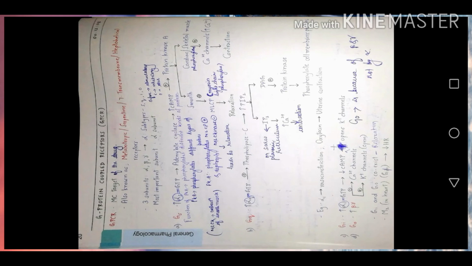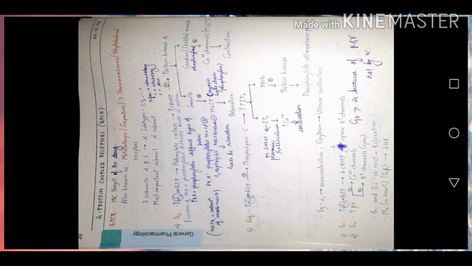Then Gi and Go subtype of receptor. Gi means G inhibitory type, Go means G other type, except the alpha, meaning it is relating towards the beta and gamma, not towards the alpha type. Okay. So when you stimulate the Gi subtype of receptor, it increases Gi GTP, right? So when Gi GTP gets increased, it causes a decrease in cyclic AMP, plus it opens the potassium channels. In case of G other type of receptor, we see there is a blockage of calcium channels and opening of the potassium ion channels.